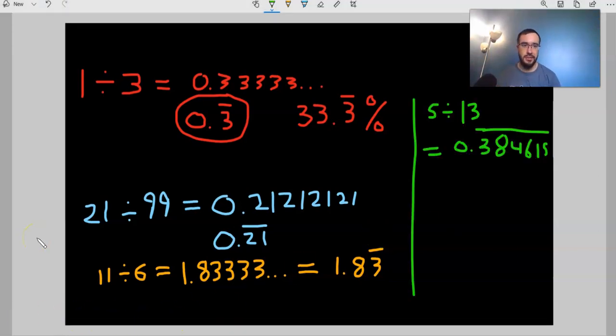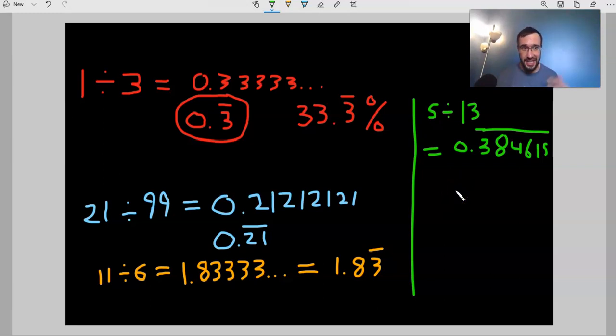So my last tip for this video is that you don't need to do this if your decimal is just a bunch of random digits. If there's no clear pattern, you don't need to do this, but be careful, because there are times when it looks like there are a bunch of random digits, but then there's actually a pattern.